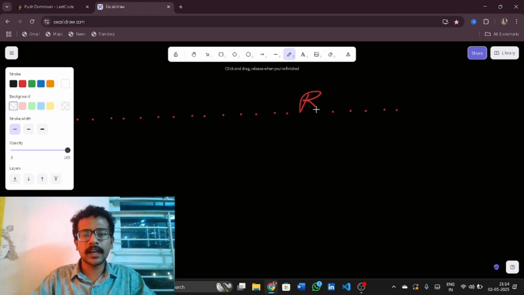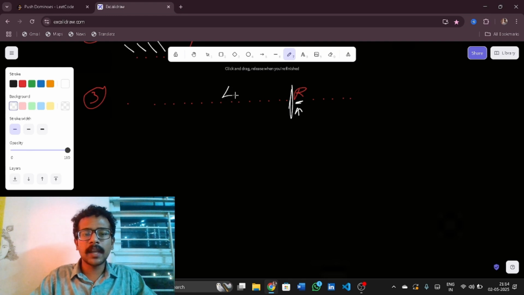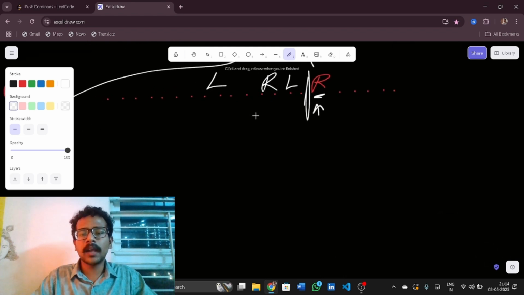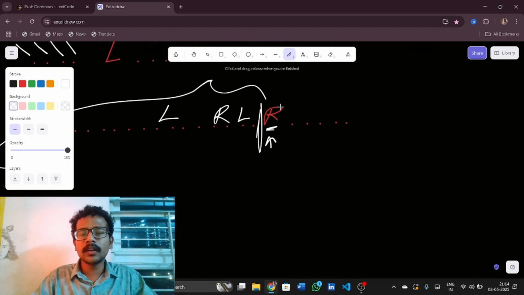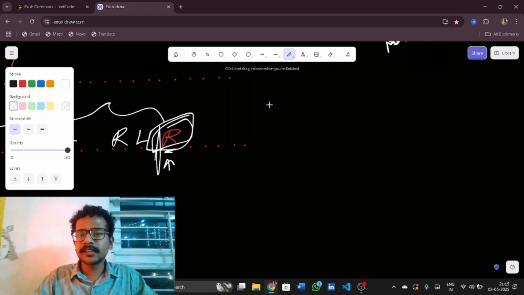Now the same thing again here. I have done everything, but previous R is not equal to minus 1. That means there is R, and this all stuff will be L, R, R, L, and then again R will be up to here. We'll be calculating the result, but at this point we will be missing out this, right? So when you got R at the end, you are missing something here.